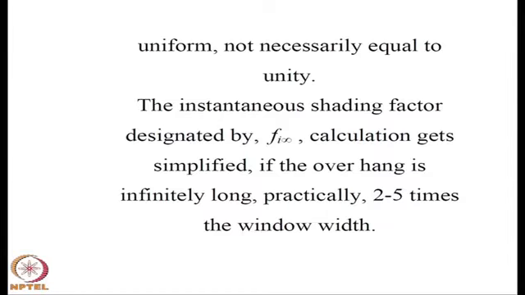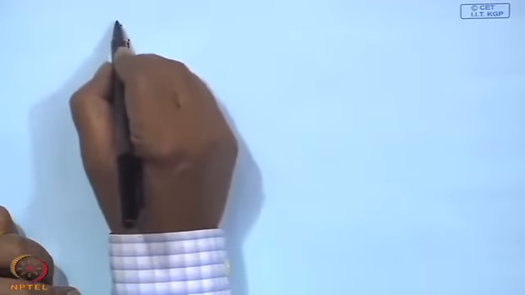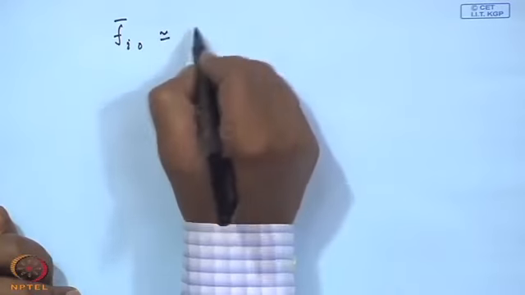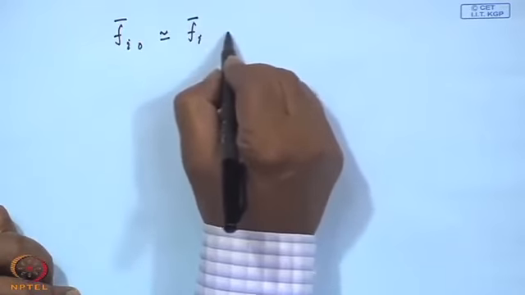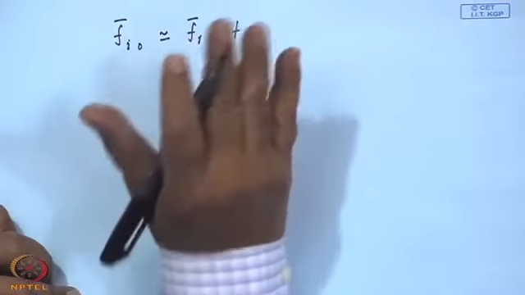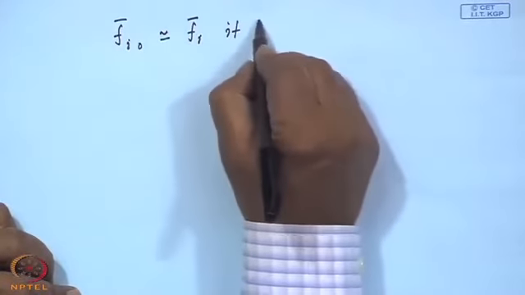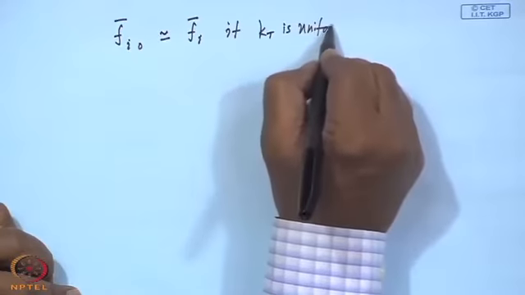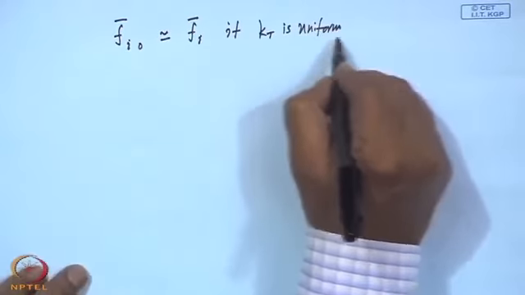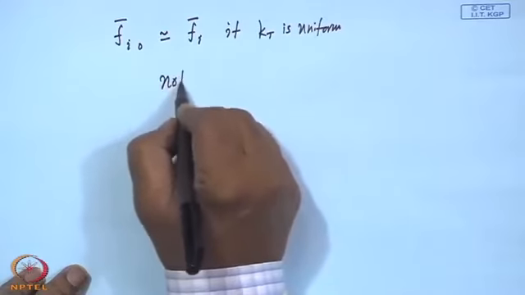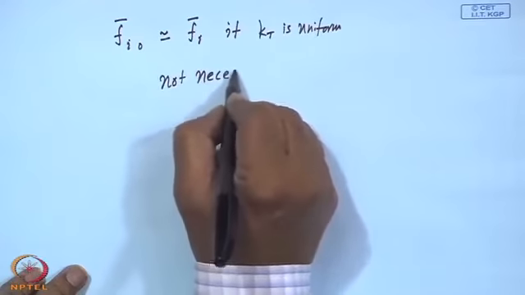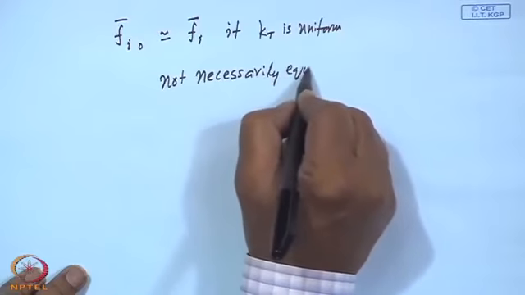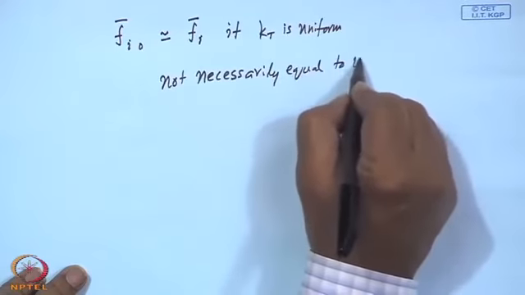So, this F i bar 0 will be very close to F i bar if K T is uniform, not necessarily equal to unity.